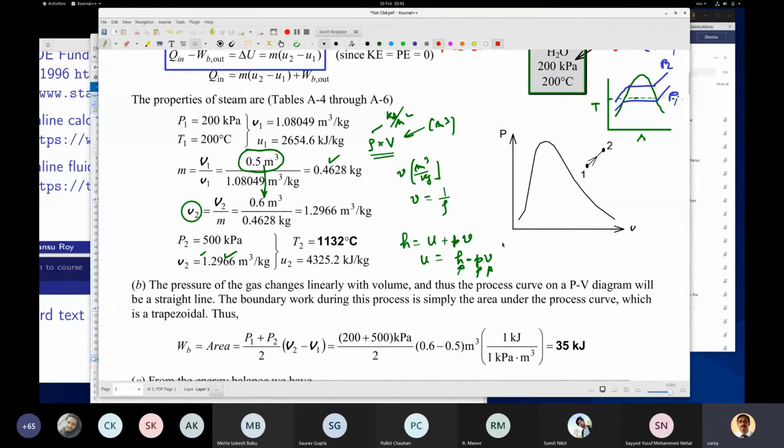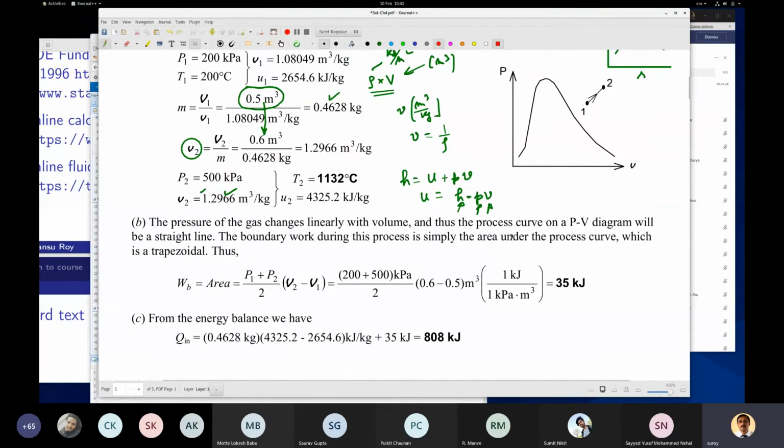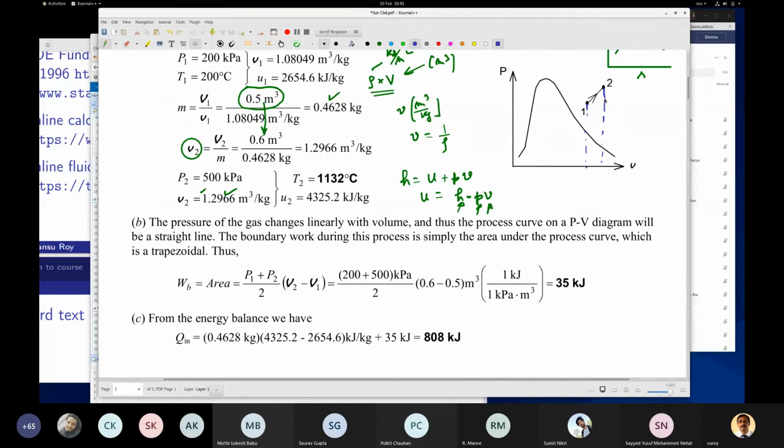So what is the work done? The work done will be the area under this curve. Right, this is the work done. So I know the average pressure, P1 and P2 average, and then the change in volume will give you the work done.